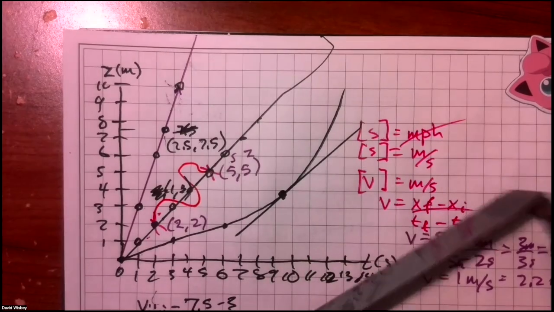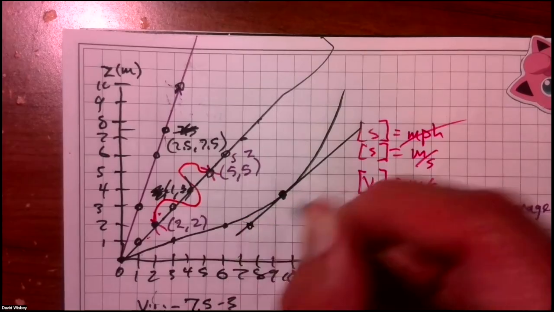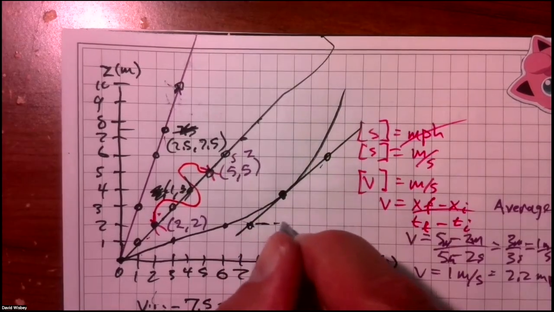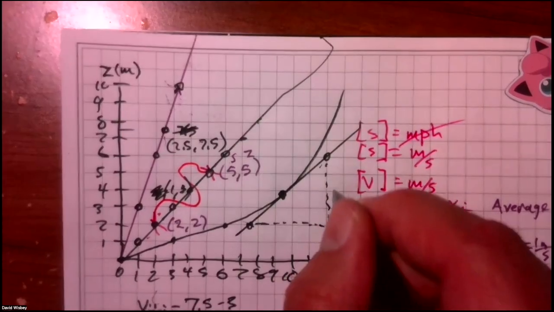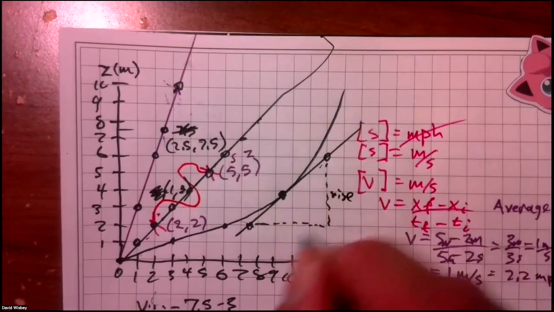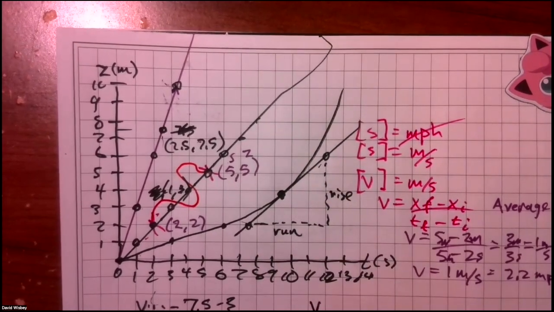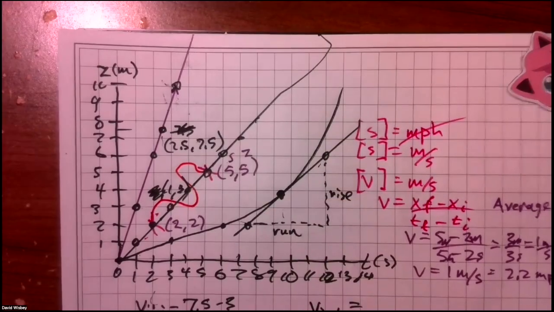Then I could calculate the slope of this line. This is my rise and this is my run. That would tell me the instantaneous velocity at this point right here.